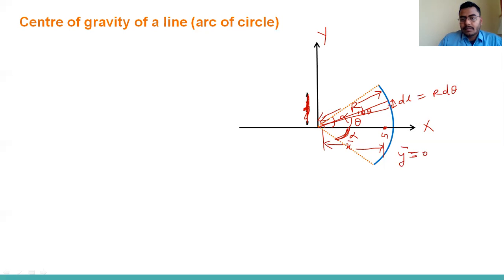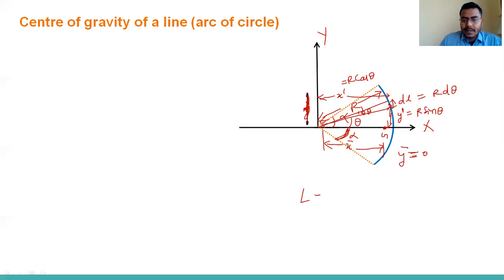And the centroid will be somewhere here for this small length. So we can write y dash as r sine theta, and similarly x dash, this length, is r cos theta.